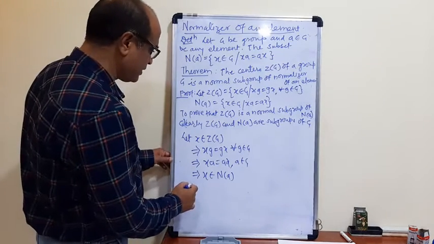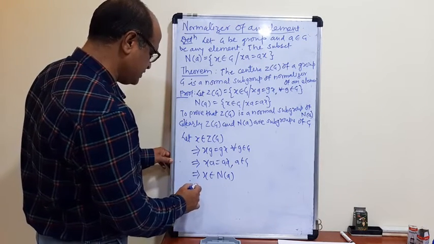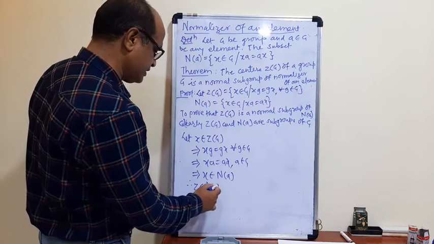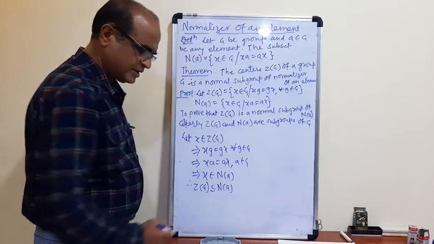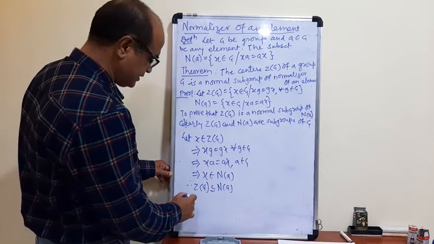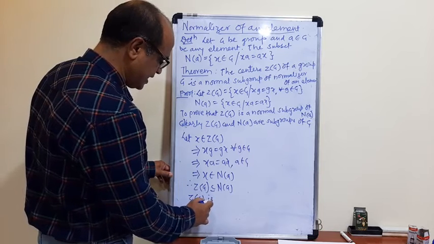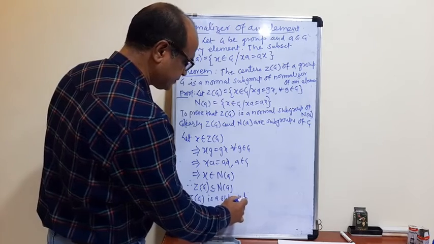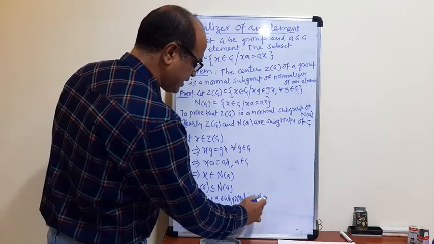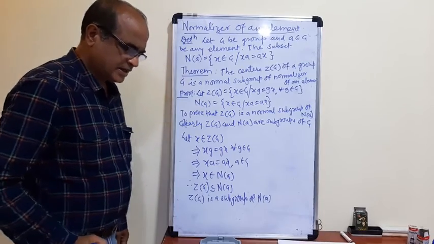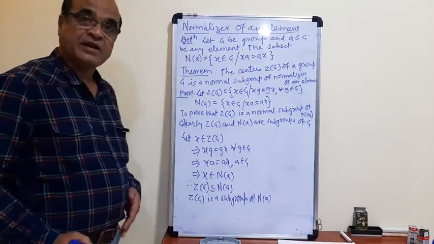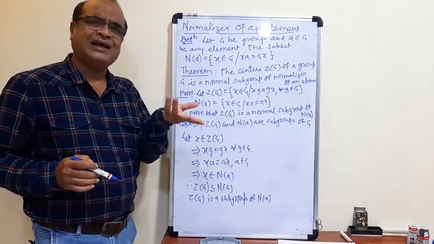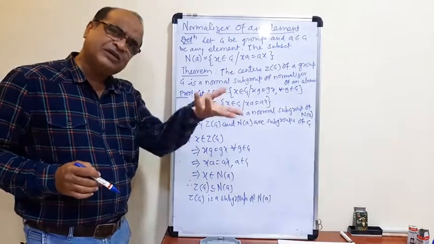Therefore ZG is a subgroup of NA. Now what is the previous theorem? The center of a group, ZG, is a normal subgroup.